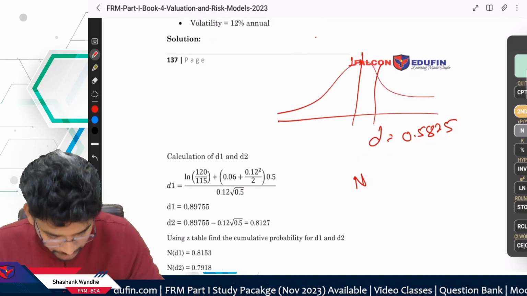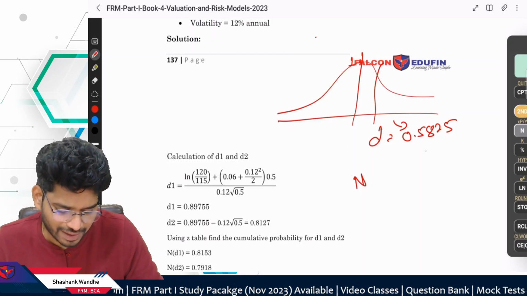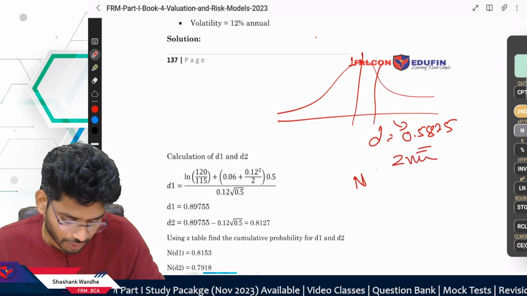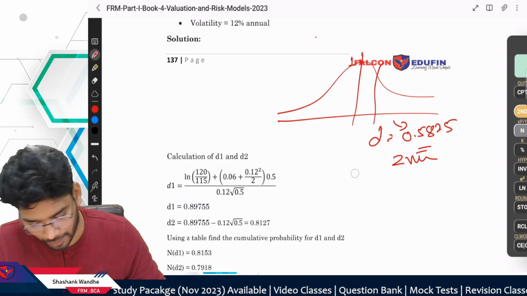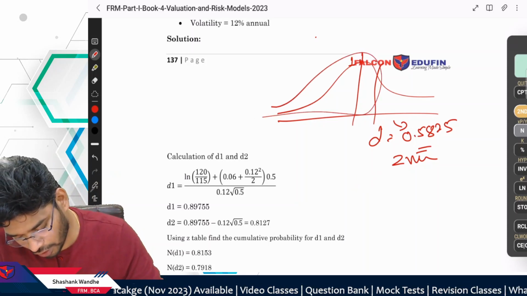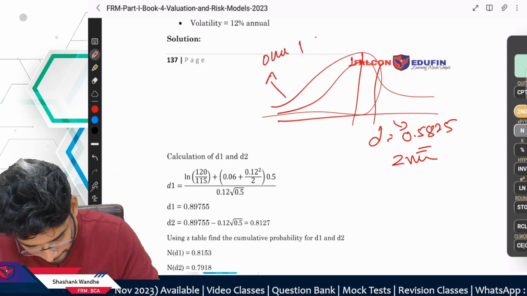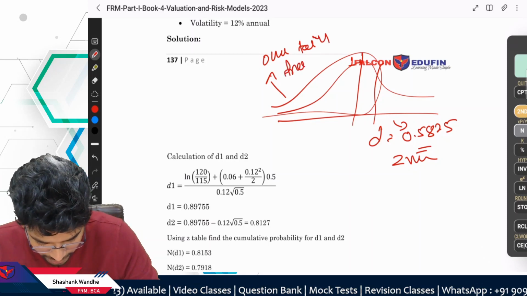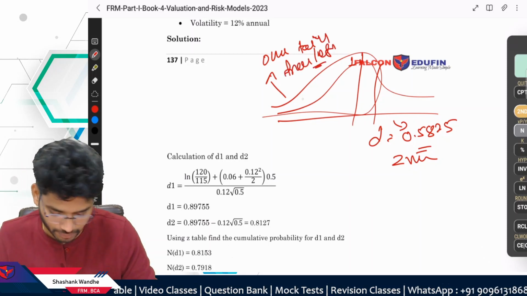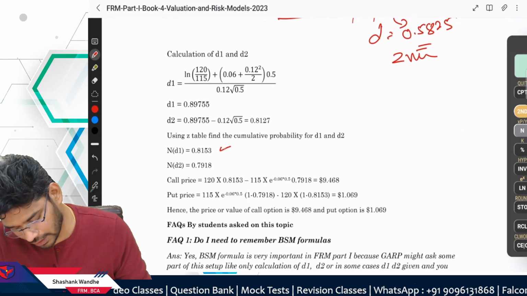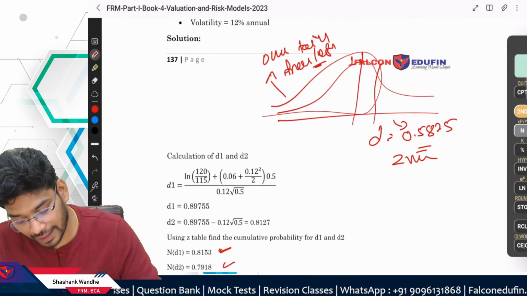So D1, and you have to calculate the probability. So this is your Z value, and these Z values will be provided. You have to use the one tail, and from left, always remember, from left.